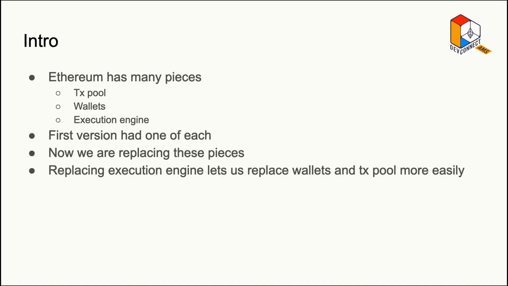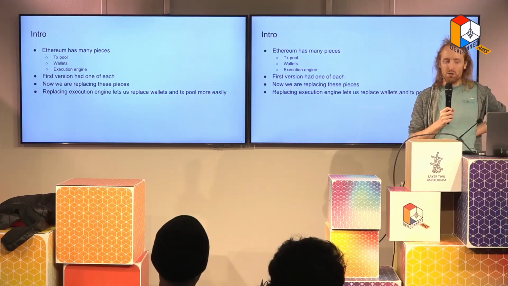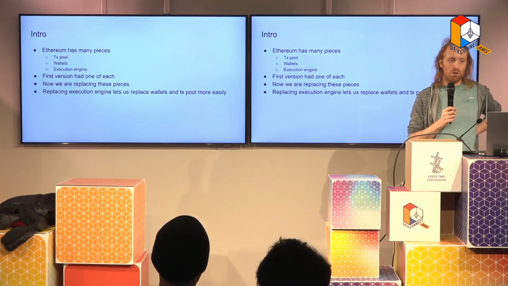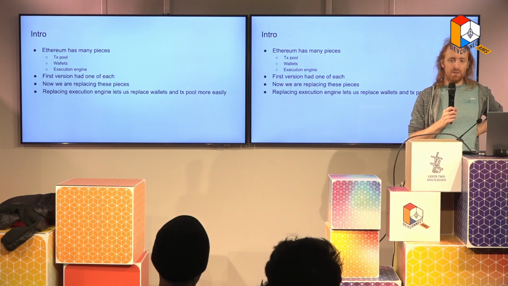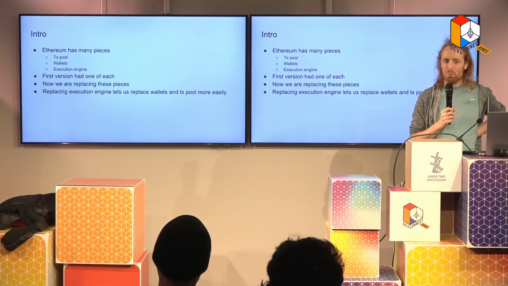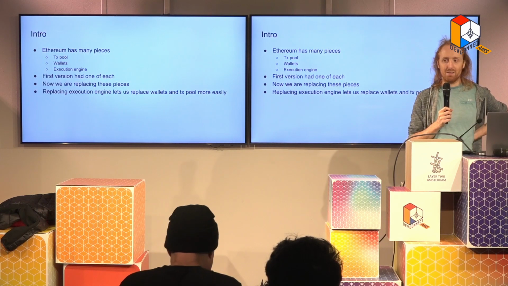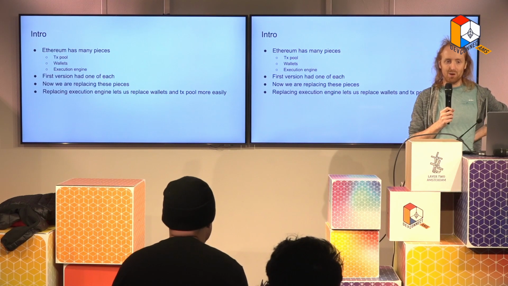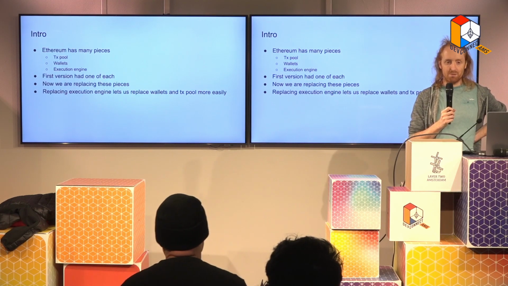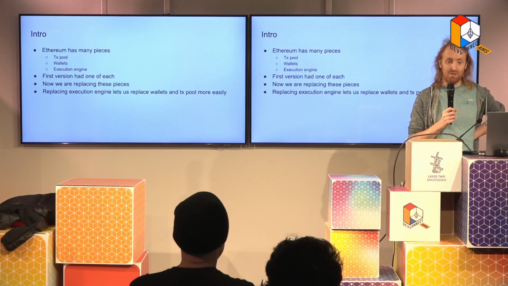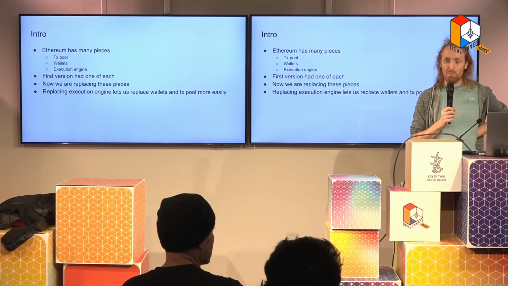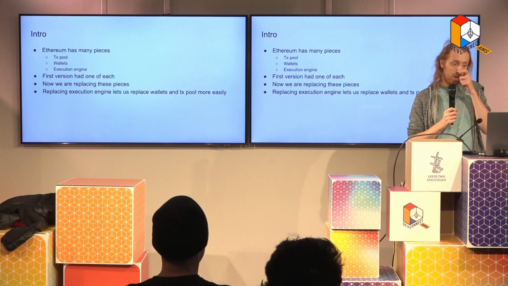But when we go to L2, the transaction pool changes such that miners are no longer the limiting factor, so we can expect them to do more work. When we can expect them to do more work, that can give us a much nicer user experience. We can have instant finality and transaction abstraction and things like that. I'm going to talk about that a little more later in the presentation.